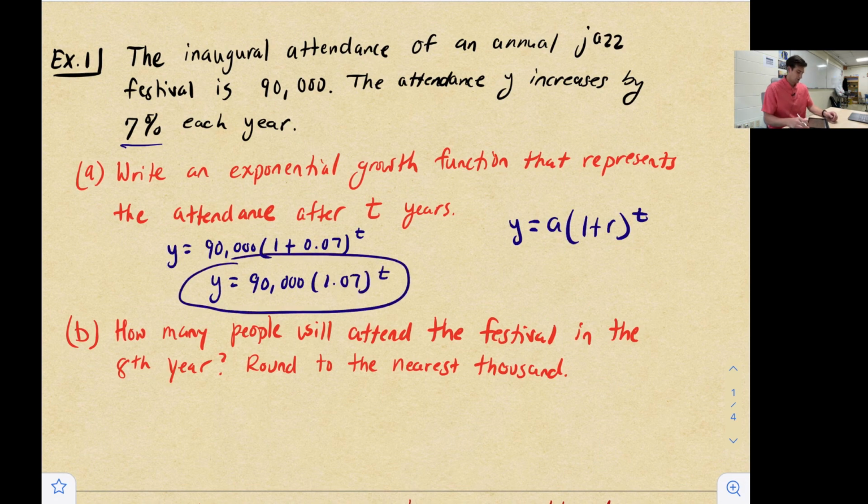Okay? All right, so now we're going to use that equation for part B. Part B says how many people will attend the festival in the 8th year, and we're going to round to the nearest 1,000. So all we're going to do is take our equation, y equals 90,000 times 1.07, and now we're going to raise it to a power of 8.